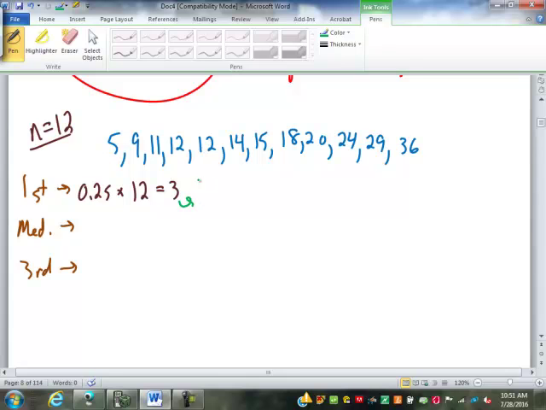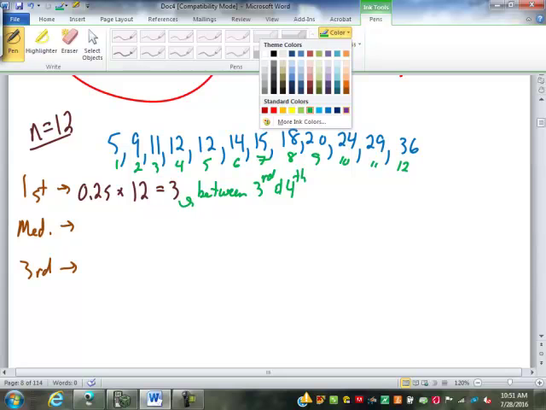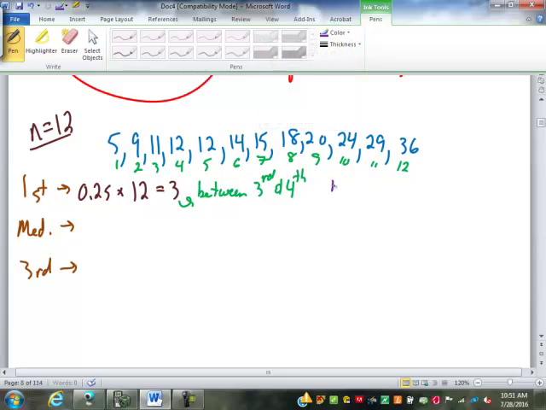So it's telling me my first quartile is between the third and the fourth. Well, the third and the fourth are 11 and 12. So 11 plus 12 divided by 2 is 11.5.